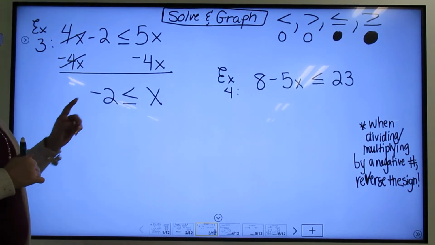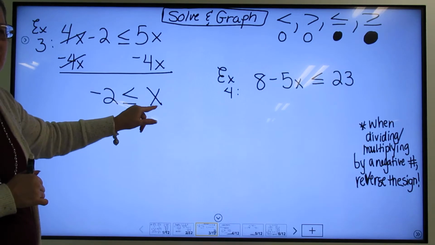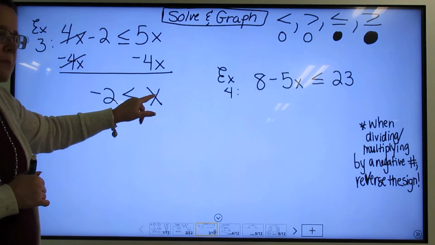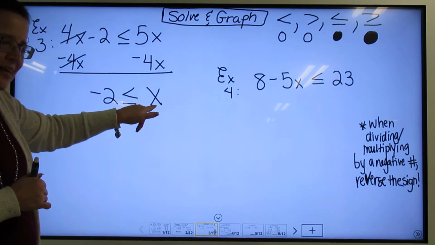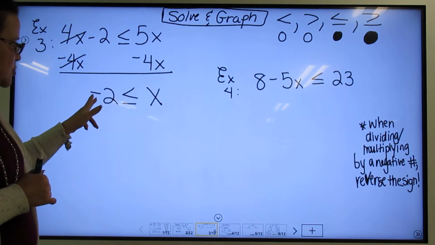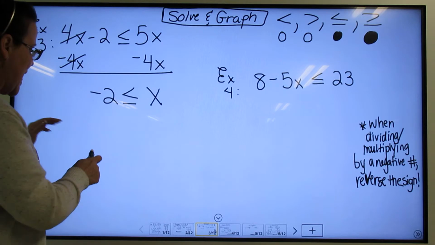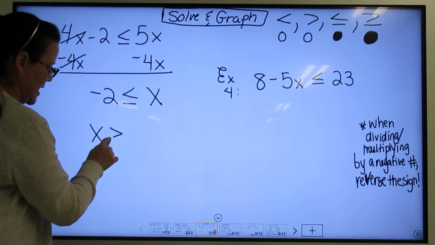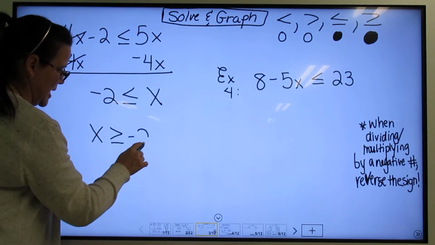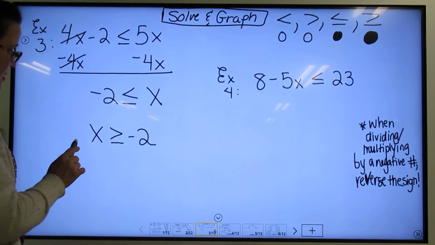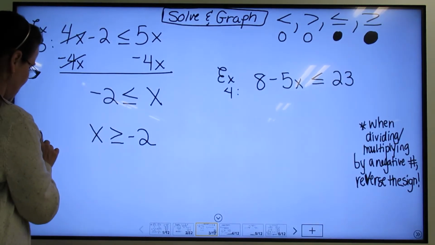Now, you notice that the x is on this side. This is the unknown number. But you read it from the x spot, not from 2 less than or equal to x. You want to say x is greater than or equal to negative 2 when you graph it. You're graphing it, right? Next is the graph.